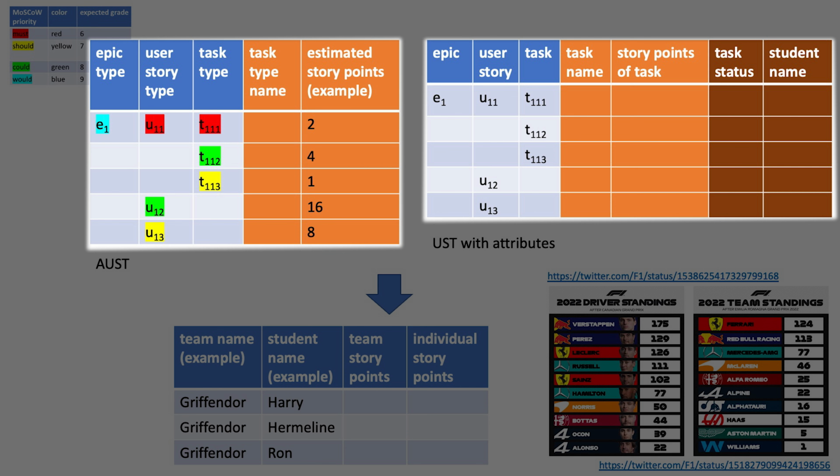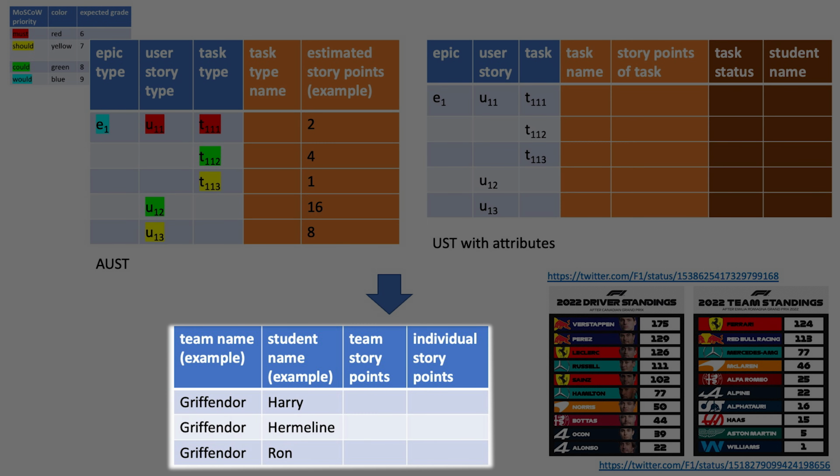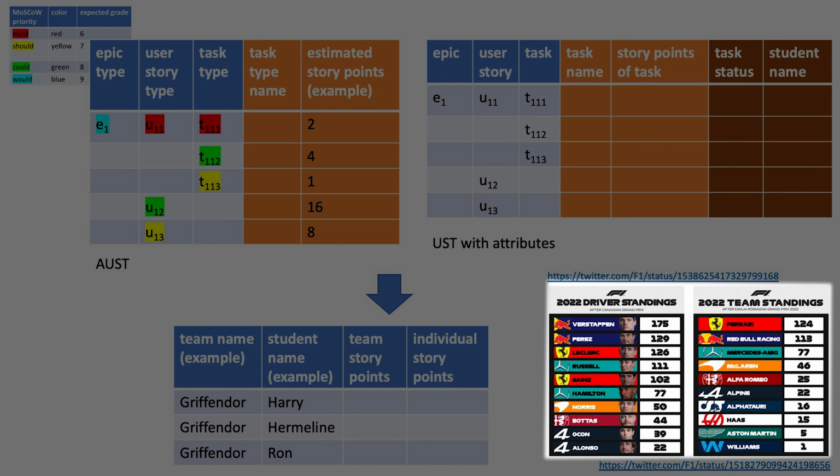Given the tables at the top, the team and student progress table at the bottom can be computed after the course has ended or even during the course, to create insights in how the students are doing and how the teams are doing. It can also be used in a feedback loop to the students. Both individual progress and team progress can be actively and automatically monitored.